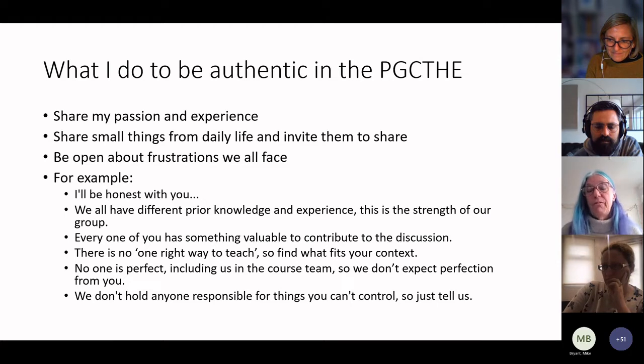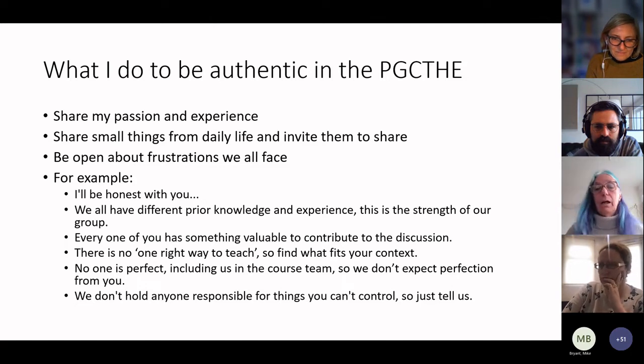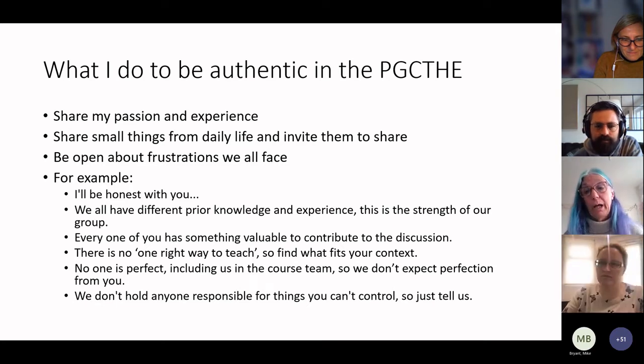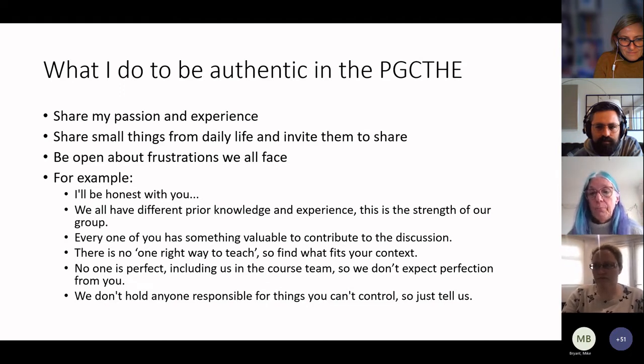So find what fits your context, so they don't have to feel like, oh, I don't take that idea on board, or, active learning sounds a bit weird to me. I'm hoping to enable them to use active learning, but I'm not saying everybody has to teach a particular way. I want to empower them to find their own way, and that should allow that relaxation.